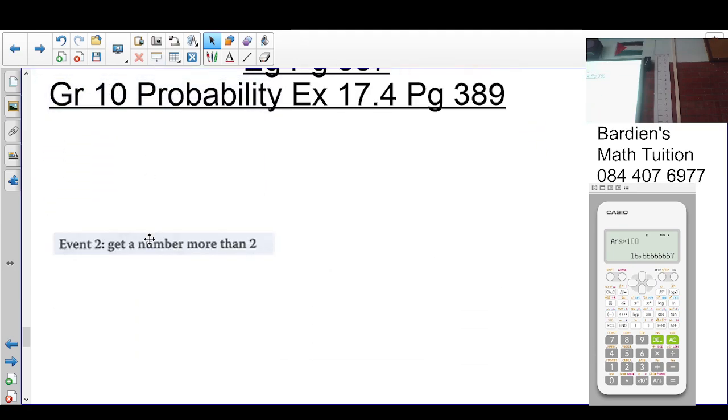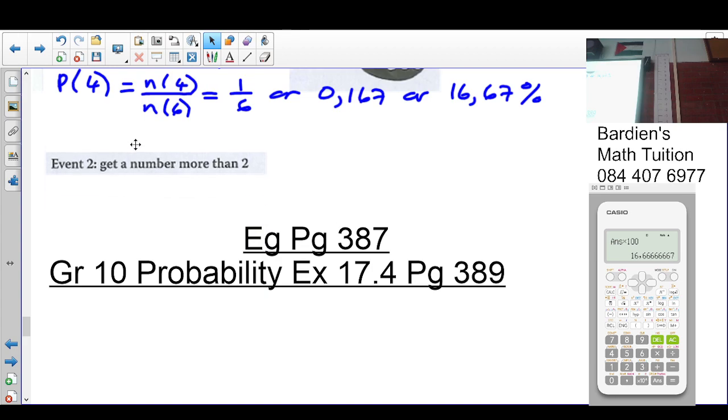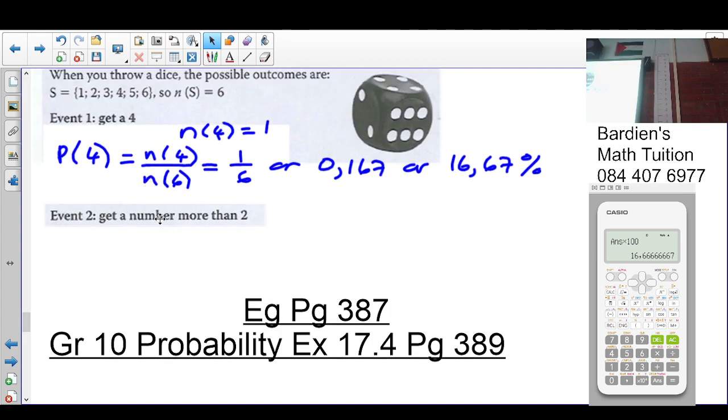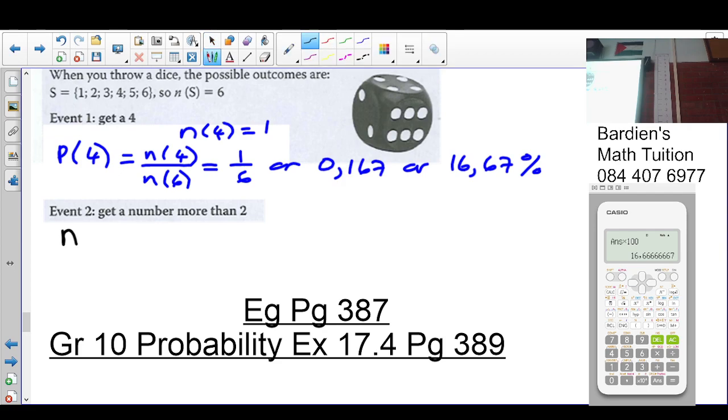Let's look at event 2, getting a number more than 2. People, what is the sample space for more than 2? What are my options here? 3, 4, 5, and 6. And how many outcomes are there? There are 4. So the probability of getting a number more than 2 will simply be the number of elements more than 2 over the number in the sample space.